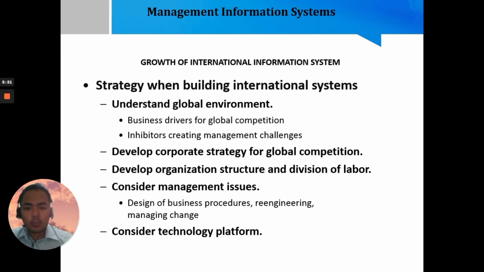So, develop a corporate strategy in order to have the standards for global competition. Developing organization structure and the division of labor, there should be an organized chain from the top to the bottom of the organization so that the company will be organized and have synchronization in making products and services.